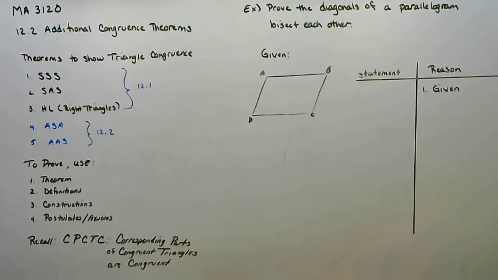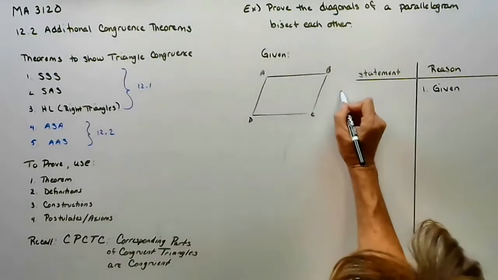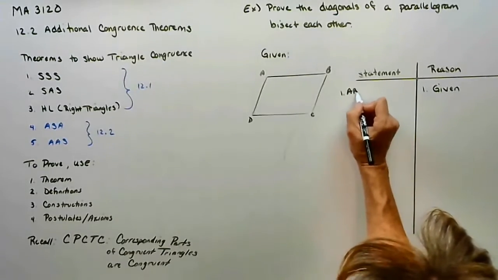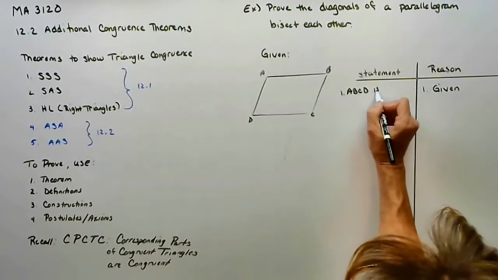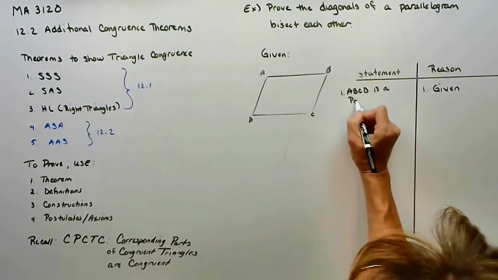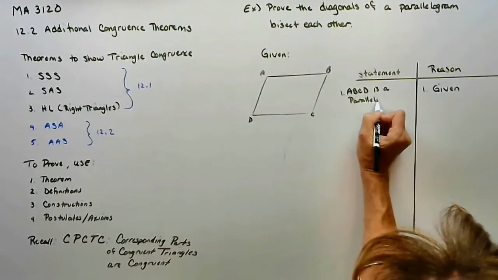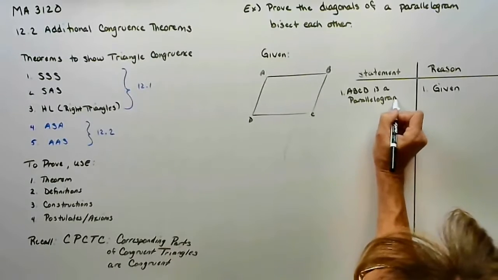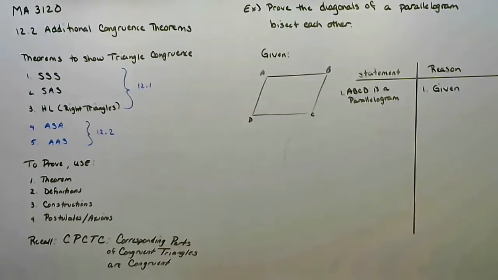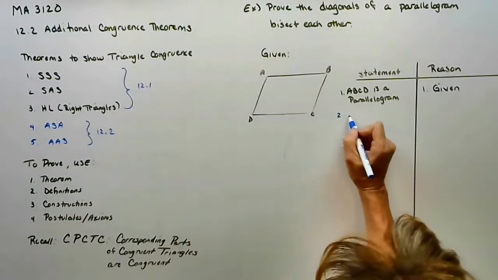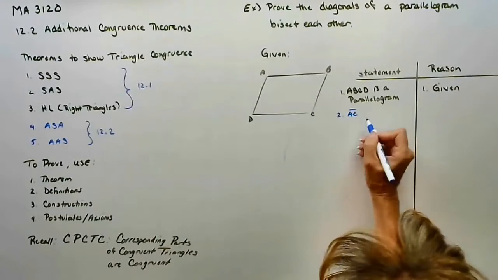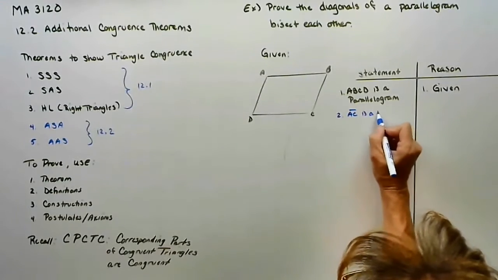So let's start with the given. We are given ABCD is a parallelogram. Our goal is to bisect the diagonals. So the first thing I'm going to do is construct two diagonals. I'm going to say AC is a diagonal.